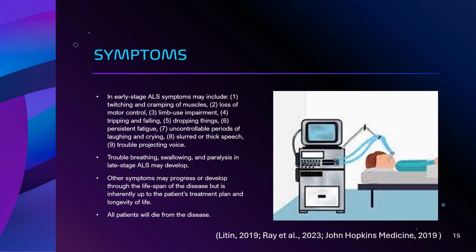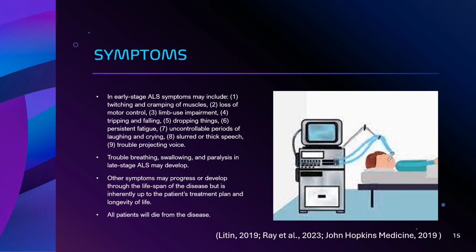And so symptoms vary. In early stages of ALS, symptoms may include twitching and cramping of muscles, loss of motor control, limb use impairments, tripping and falling, dropping things, persistent fatigue, uncontrollable periods of laughing and crying, and slurred and thick speech.